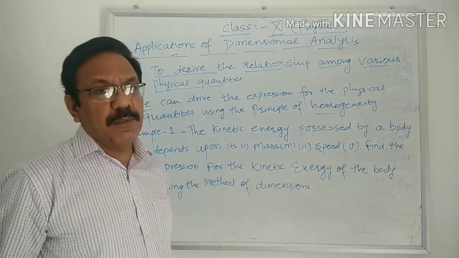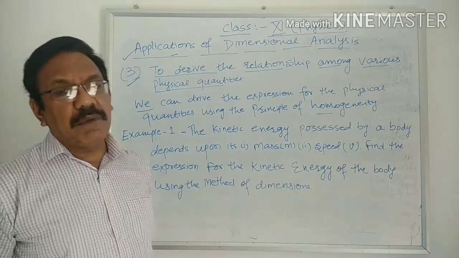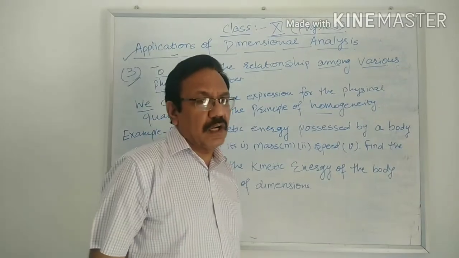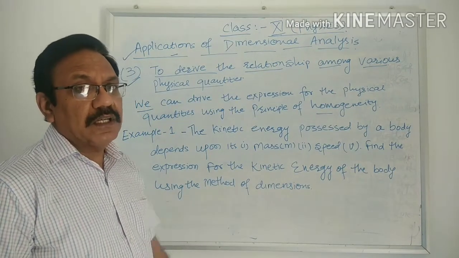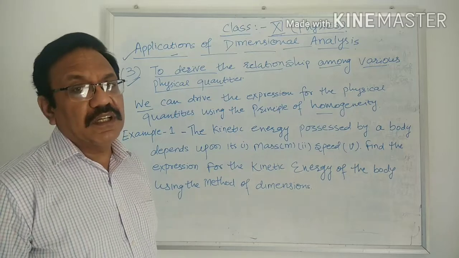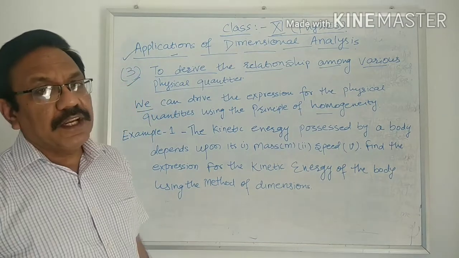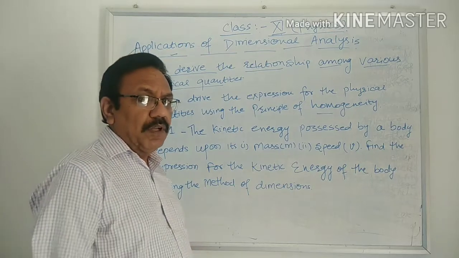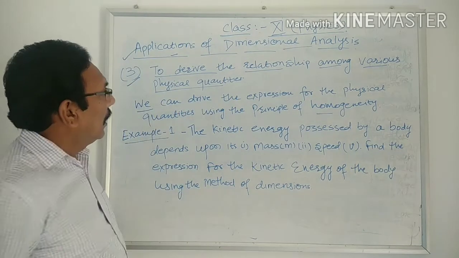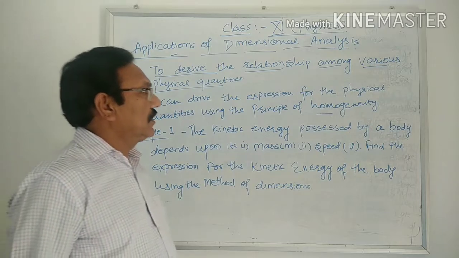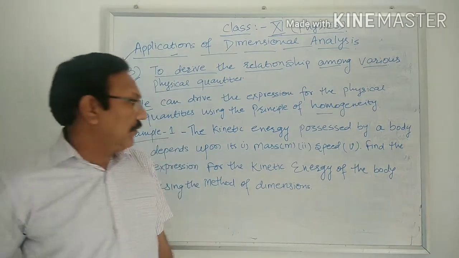We will apply the principle of homogeneity of dimensions, and if the dimensions of the physical quantities are known, we will place the dimensions as per the conditions given in the problems. Here we will take one example, by which we will explain how the physical relation among the various physical quantities can be derived.